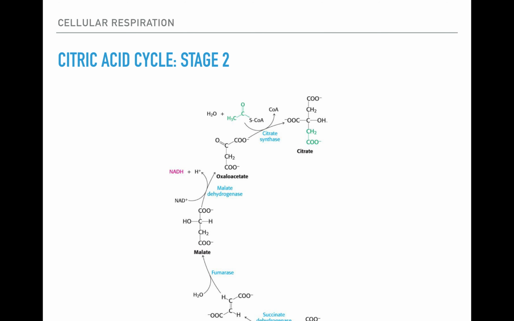The succinate is then oxidized first to fumarate by succinate dehydrogenase. FAD is the hydrogen acceptor in this reaction, producing a molecule of FADH2. 2 FADH2s will be generated from both the pyruvates. Fumarate is then hydrated to malate by fumarase, which is then oxidized to form oxaloacetate by malate dehydrogenase.